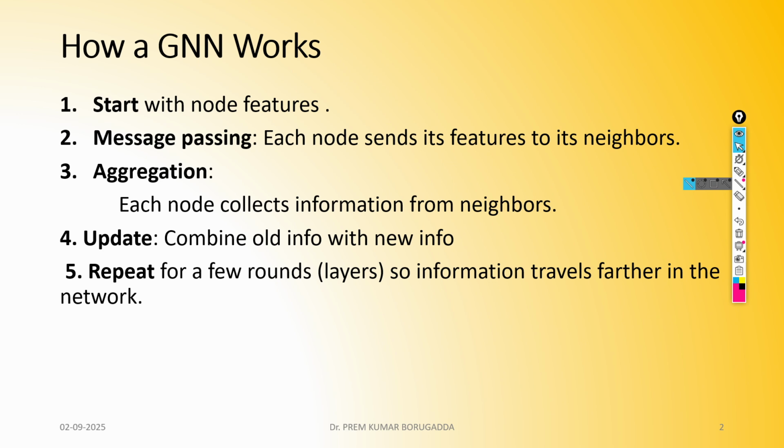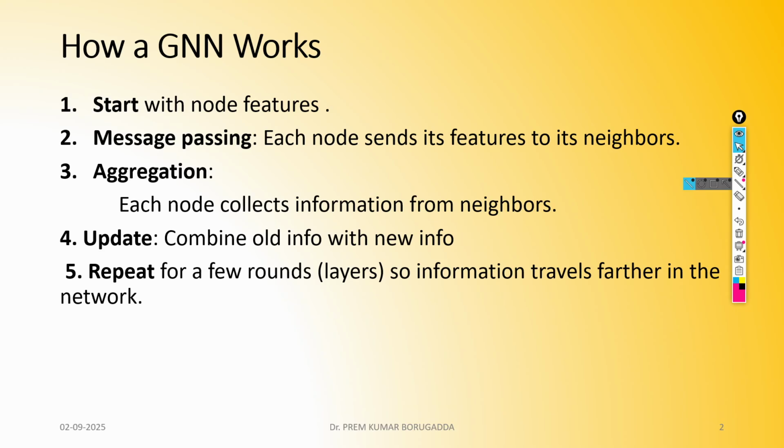Point 1 starts with the node features. Second, message passing. Here each node sends its own features to its neighbors. Point 3, aggregation. Aggregation means each node collects the information from the neighbors.